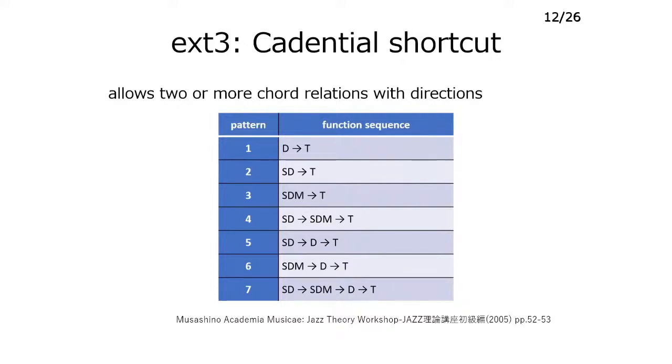These patterns can contain more than 2 elements and have temporal directions. Consecutive same chord functions can be wrapped into one. So, for instance, the first pattern matches not only the sequence DT, but also DDT or DTT, or things like that. Then we discount the distance whenever these patterns occurred in the interpretation path.